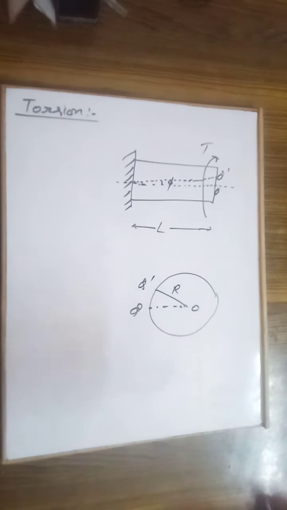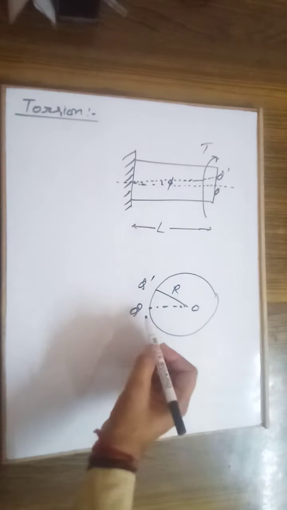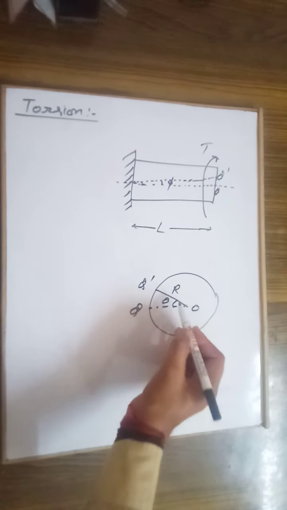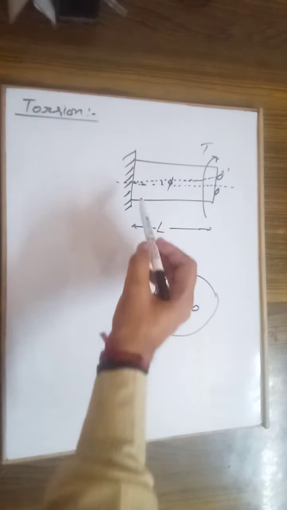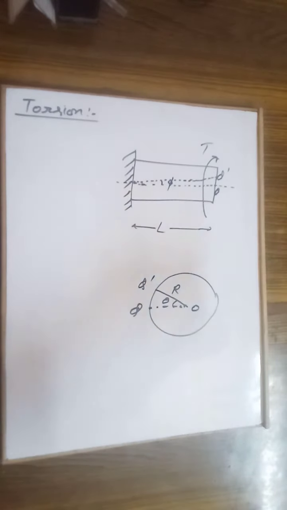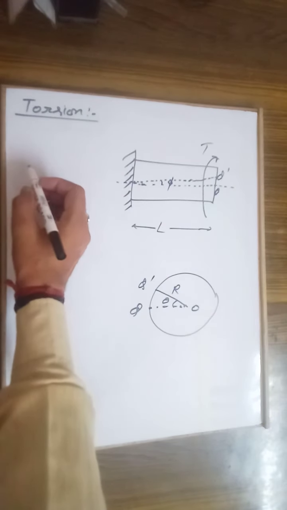So if r is the radius, and at this particular end the angle is theta, q dash is a fiber we have considered. If this is the centroidal axis or the neutral axis of the beam, then we can find out the angle of shear or the shear strain.